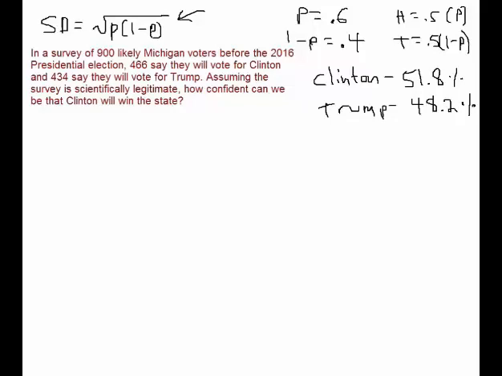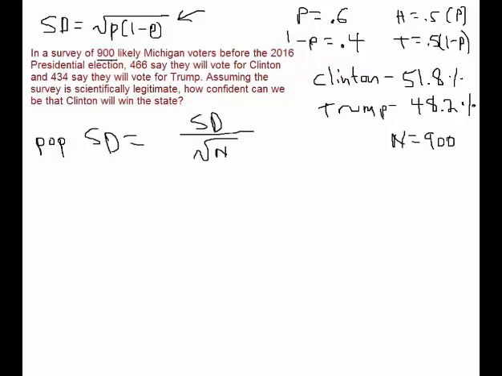Now remember, based on the central limit theorem, you need to first figure out the standard deviation of the sample proportion. That is the standard deviation divided by the square root of the sample size, n. In our case, the sample size is 900, because the problem tells you that there were 900 likely voters.